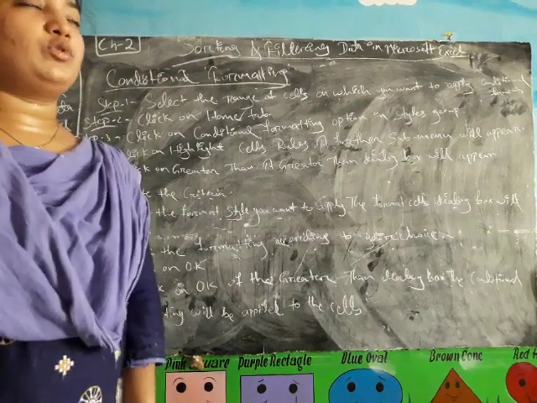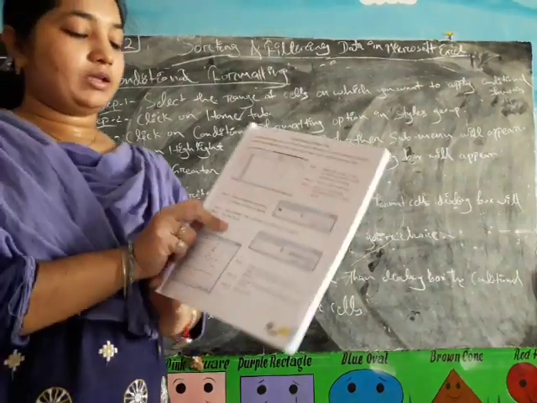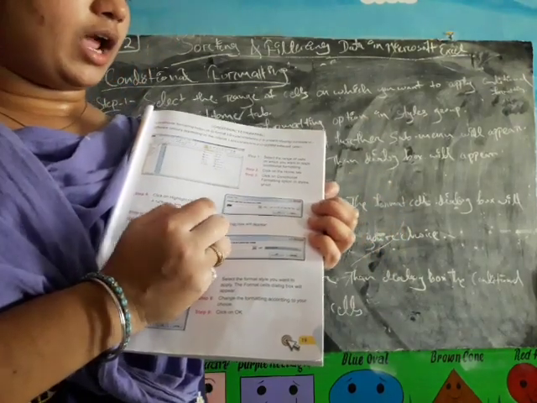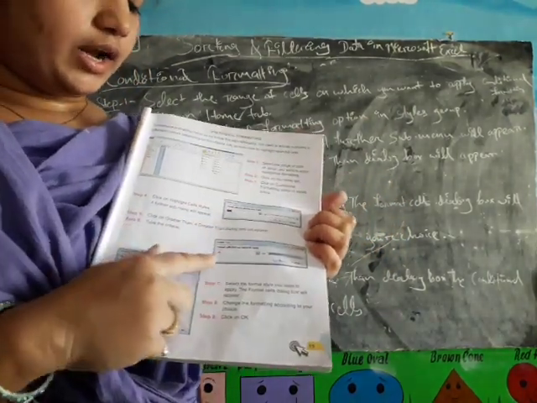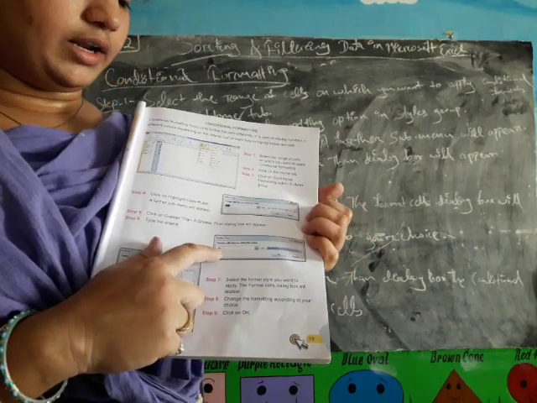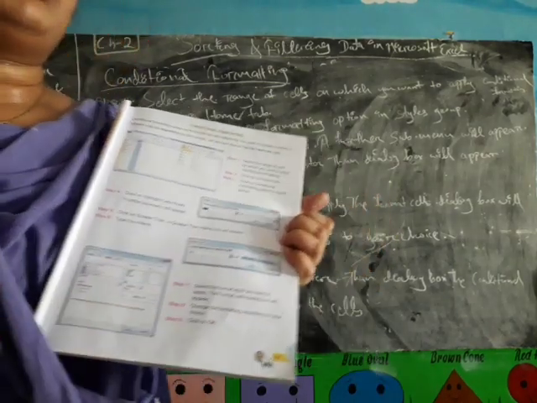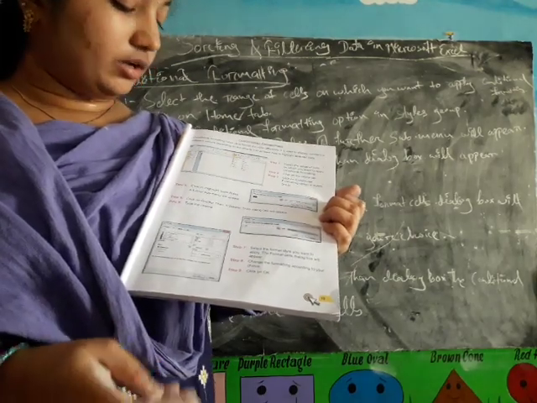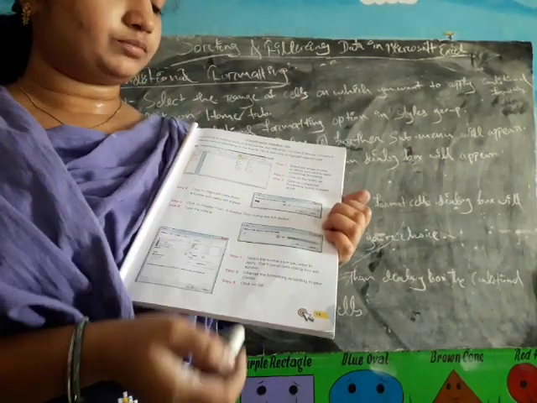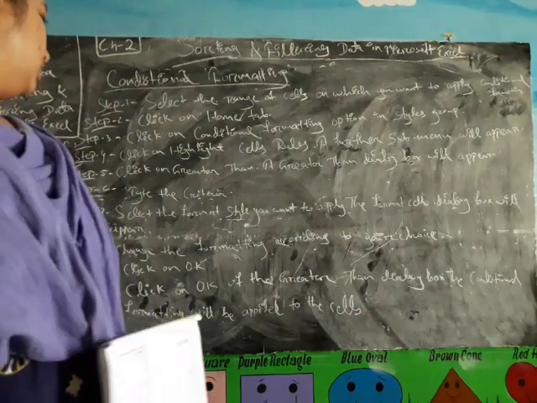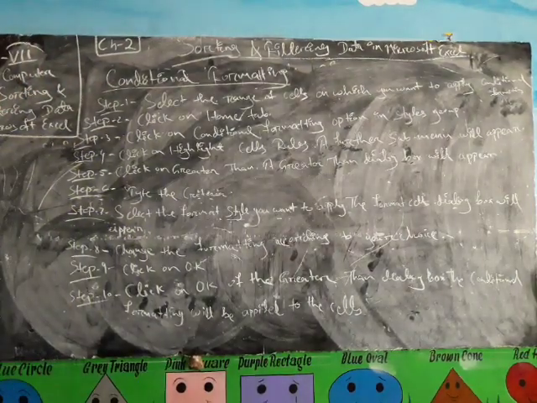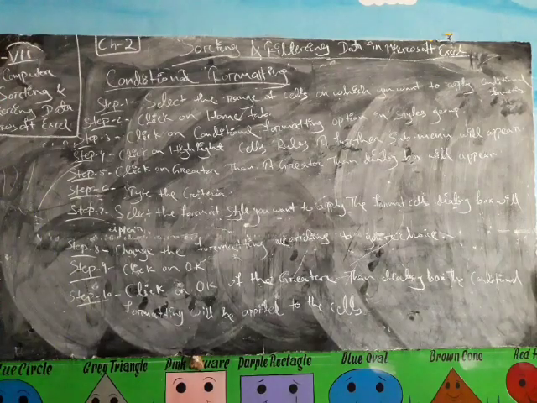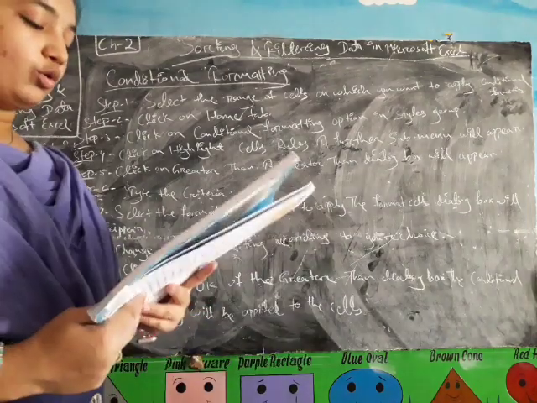After this step we have to type the criteria. Means when we click on that, one greater than dialog box will appear like this, and here we have to select the criteria, means the value we want to put here. After that change the formatting according to our choice and click on OK.